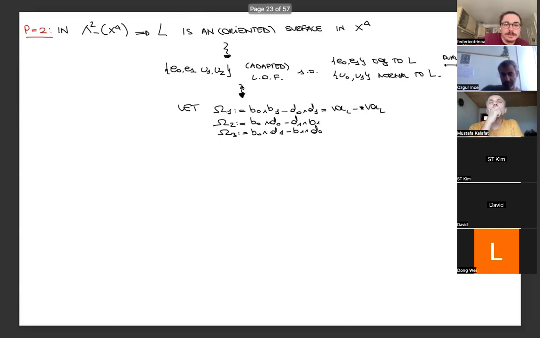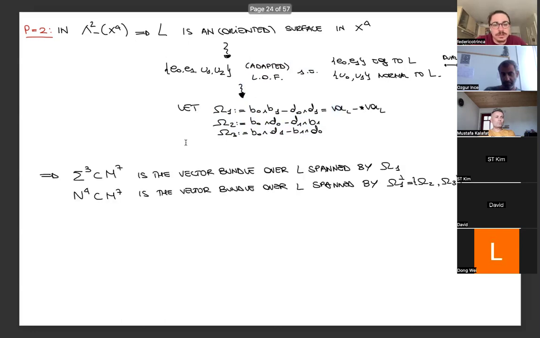And from this, we can of course construct the anti-self-dual two-forms, ω1, ω2, and ω3. And observe that ω1 can be written as the volume of L minus star the volume of L. So the bundle defined by the span of ω1 over L is in reality a vector subbundle of Λ²₋ restricted to L, so it's a globally defined object, Σ3.